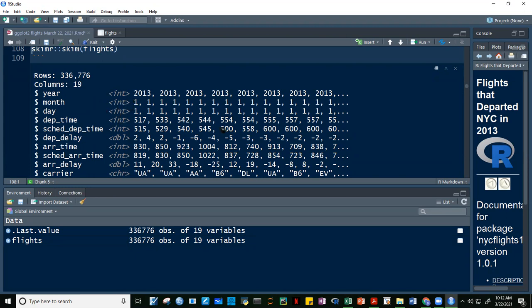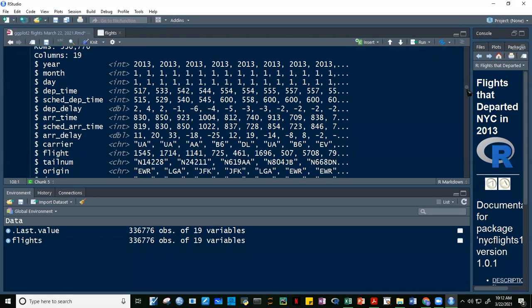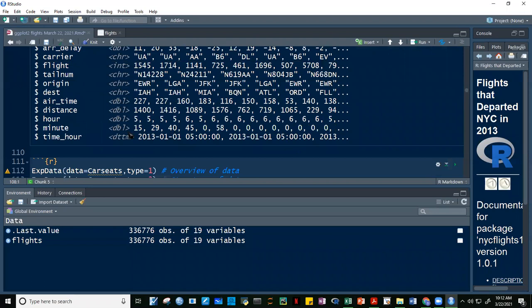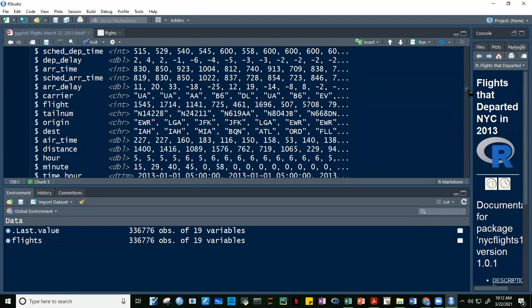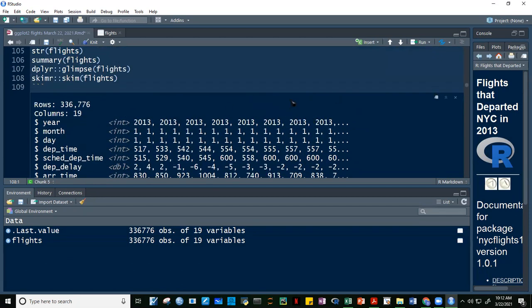So year is an integer. So it's not read as a date, no? Here's the date and time. We also have characters. We have character data types: origin, tail number, carrier. And we have numeric ones, etc. All right, so these are ways to look at the structure of your data.